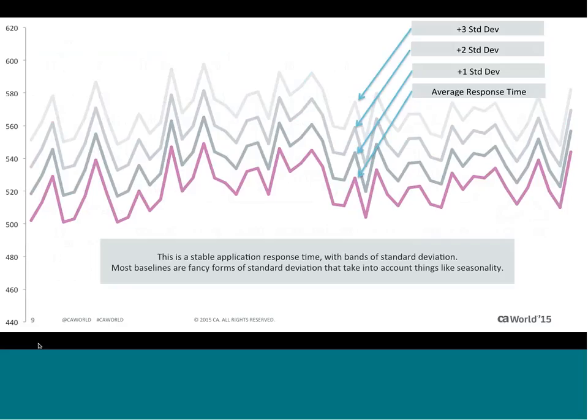So this isn't a perfectly accurate picture, but let's say for the purposes of this discussion, and it's fair to do this math-wise, we're talking about a period when seasonality didn't apply. In this application, you're seeing response times bump between roughly 500 milliseconds and 550 milliseconds. For a lot of applications, that's a pretty typical response time, nothing too alarming.